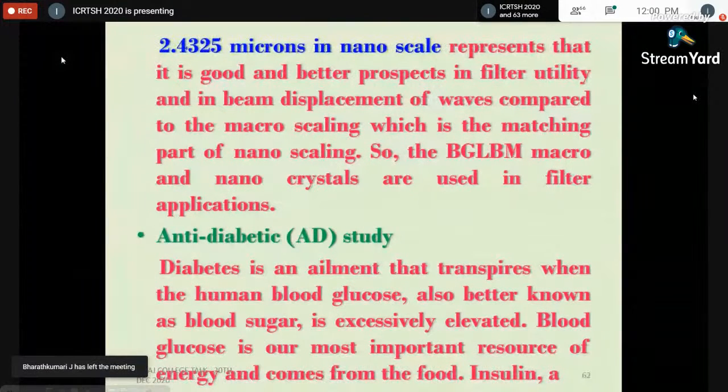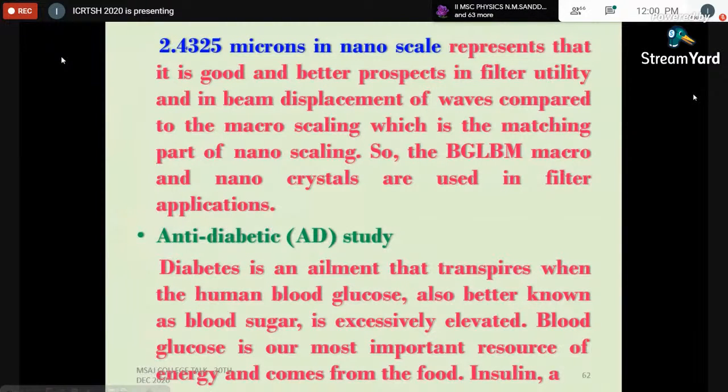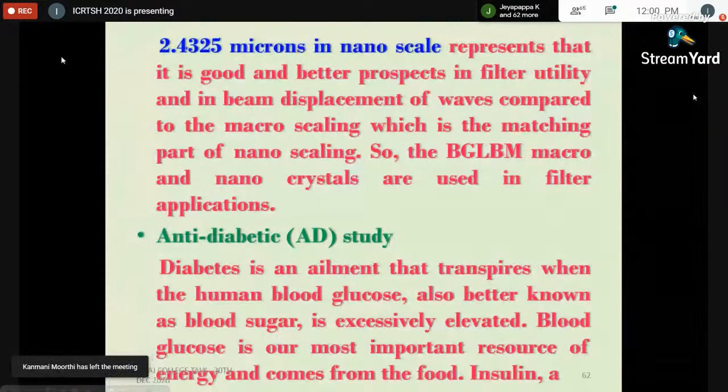Yeah, the anti-diabetic case. Diabetes is an ailment that affects human blood glucose. So I'm giving the definition here. We have explained all the data previously. It's successfully elevated. How much it can control when the insulin secretion is disturbed, how much your material can be used as a substitute for maintaining the diabetic body or the blood.